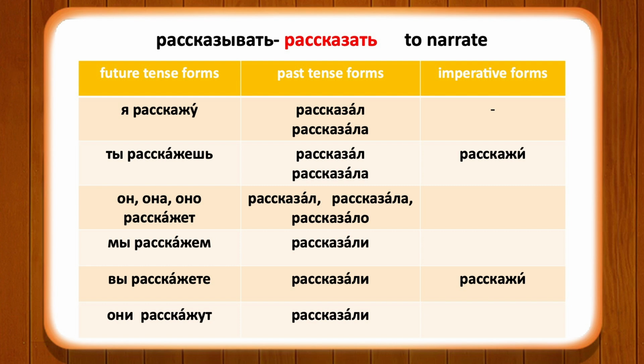The perfective aspect verb рассказать is conjugated as я расскажу, ты расскажешь, он расскажет, она расскажет, мы расскажем, вы расскажете, они расскажут.